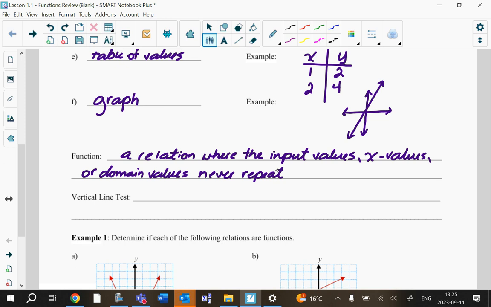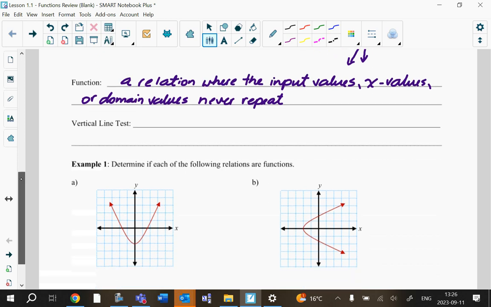So like this here would be a relation, and it would be a function because the x values 1 and 2 don't happen twice or 3 times. If I had a third pair here called (1, 1), it would no longer be a function. That's really just the difference you tell. So how do we tell if something's a function?